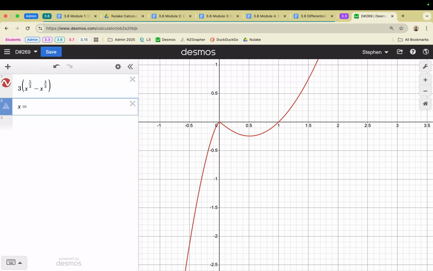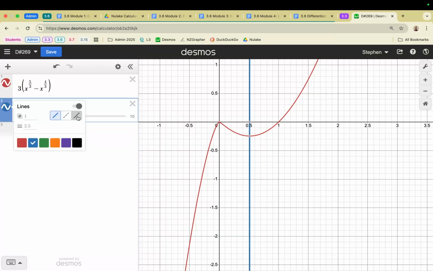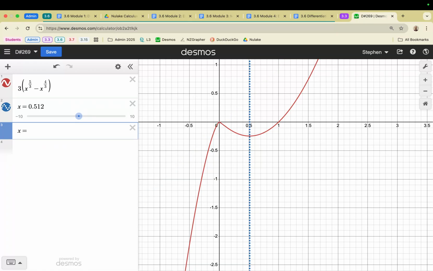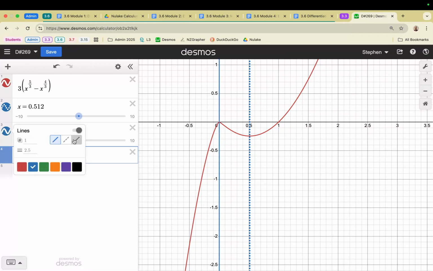Let's just put those as x equals 0.512. So anything above that, you've got an increasing function. Anything below this one here, this side here, increasing function.